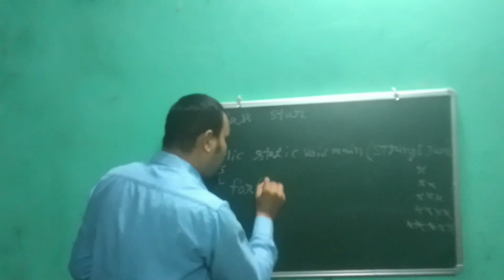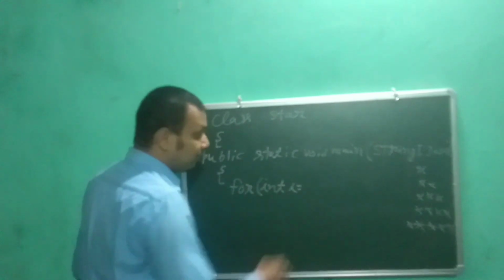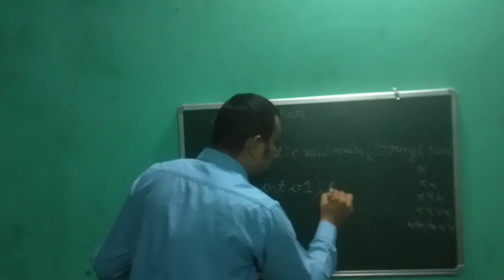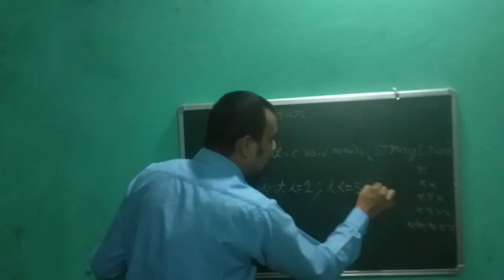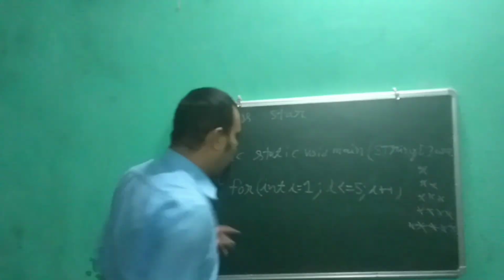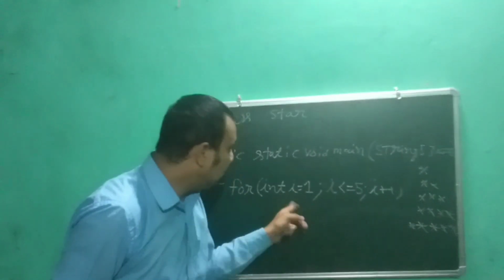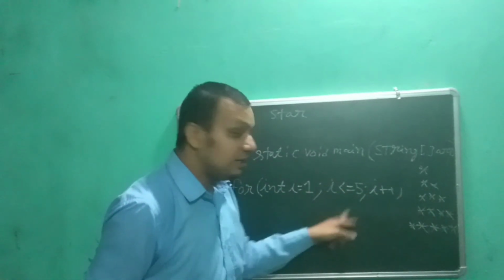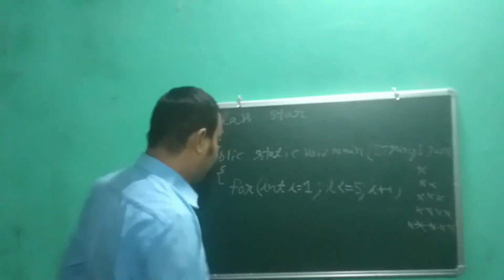So the loop will start int, one variable. First one I am taking I, begins with 1. Okay, then it should be lesser or equal to 5. How many times we have to run it? 5 times. 1, 2, 3, 4, 5. 1, next time I plus plus means increment. 2, then 3, then 4, then 5. Means this line will be done 5 times.